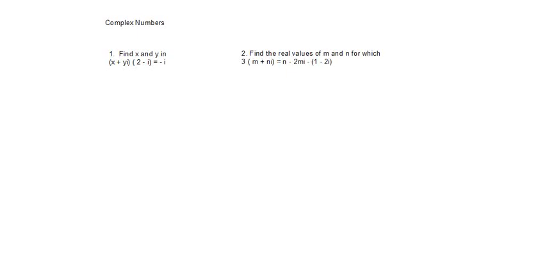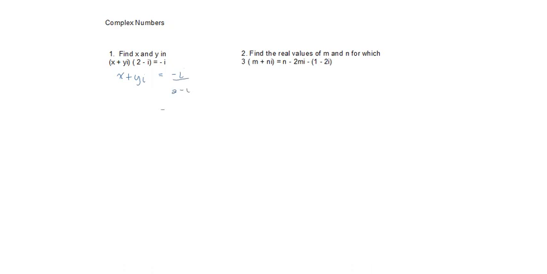We can isolate that x and y on the left side and then put all the rest on the right side. So let's have x plus yi equal to negative i over 2 minus i.